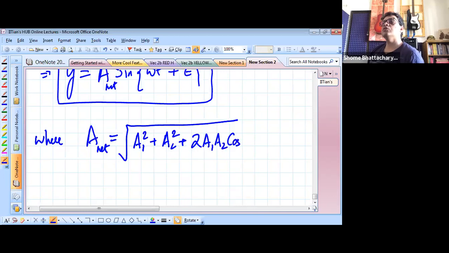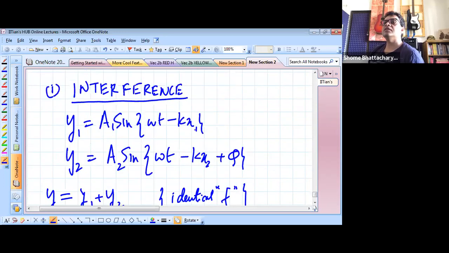Now see here, you'll understand one thing. This is not going to be cos phi because the x1 and x2 are also different. So they are also contributing to phase difference. So what is happening is that the first wave is traveling through a distance x1, the second wave is traveling through a distance x2, plus their sources have a phase difference of phi. So the fact that if x1 is not equal to x2, even that will contribute to phase difference.